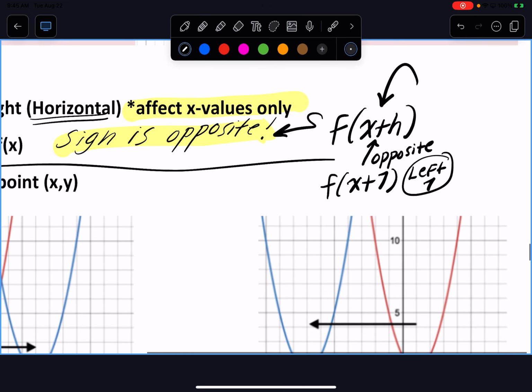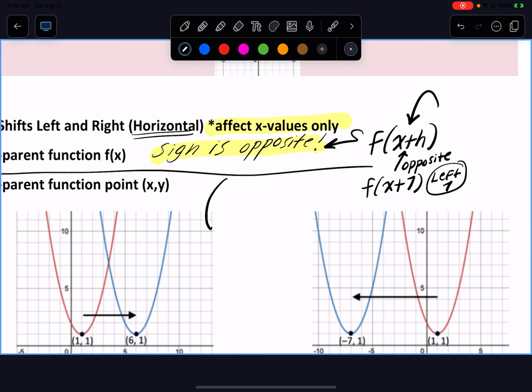So now when we're answering with our x, y answer, think about it. What would we actually do if I said left 7? I'm telling you, you go left 7. We're not going right 7, left 7. What would you do with your x's? You need to minus 7. True, everybody? So x minus 7. The y values don't change. So then people get confused. So then they say, well, Mrs. Billman, you said opposite. Not with the x, y.